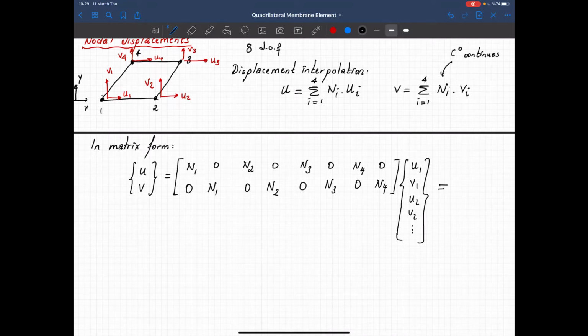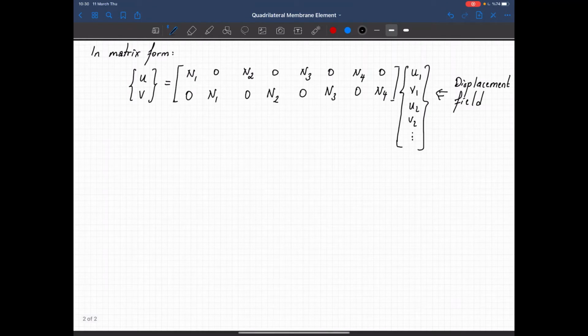So this is our displacement field definition. Now let's take a look at the strain displacement relationship.